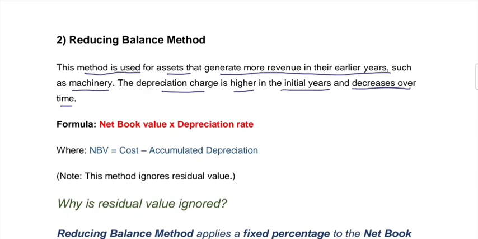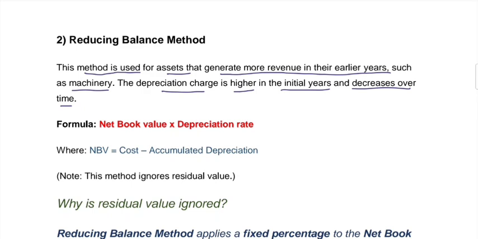So if in the initial years of the asset the wear and tear is higher, which means that we are consuming more of the asset, don't you think that there should be a method that is going to give us a higher depreciation charge in the start of the years, a higher wear and tear charge? This is exactly what the reducing balance method does.